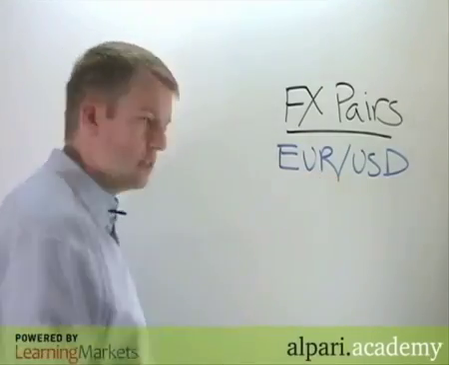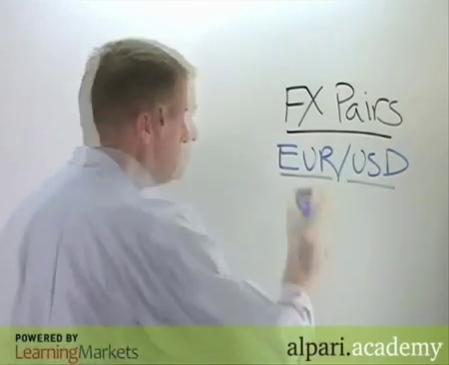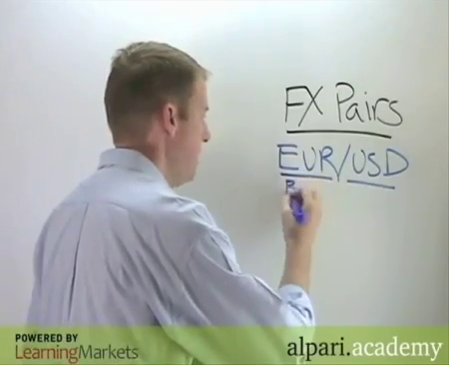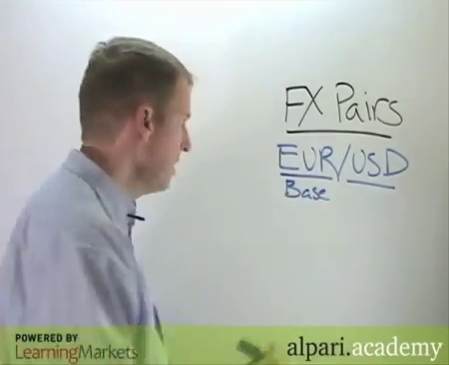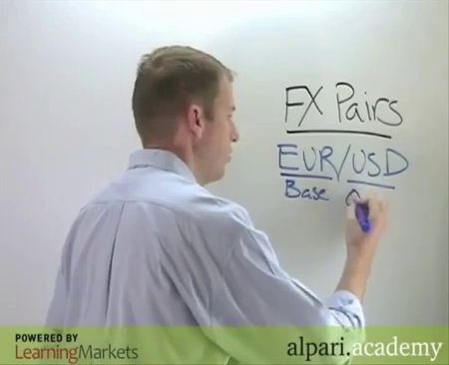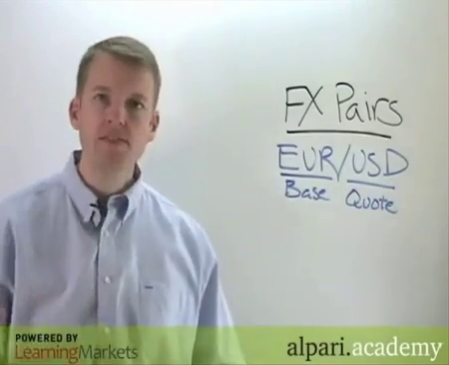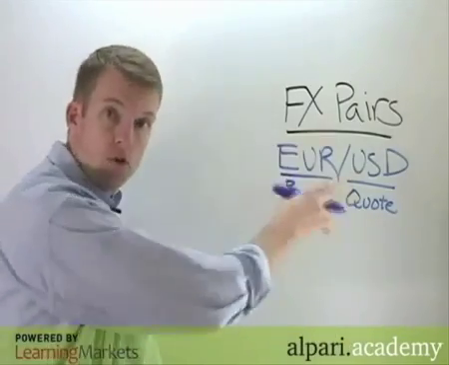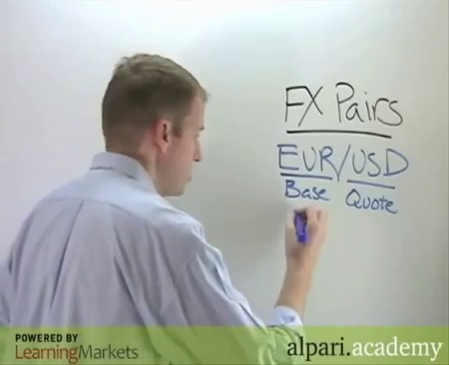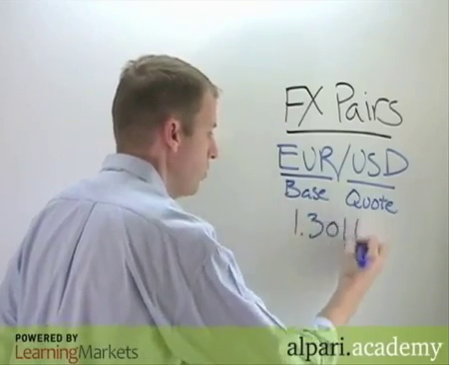Now the Euro USD, there are a couple of things that you need to understand about how a Forex pair works. The first currency here is called the base. The first one in the quoted pair is the base currency, and the second one is the quote. Now, in this case, what this really means is when you're looking at the exchange rate, which, for example, on the Euro USD right now is at about 1.3011.